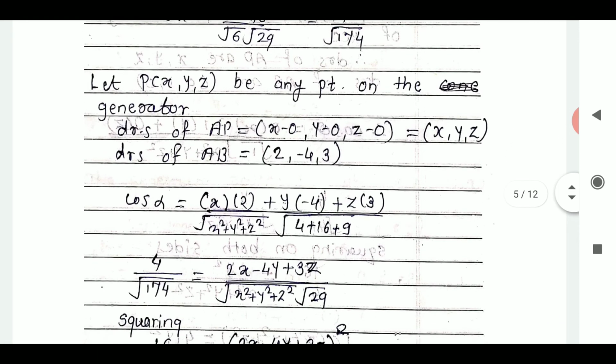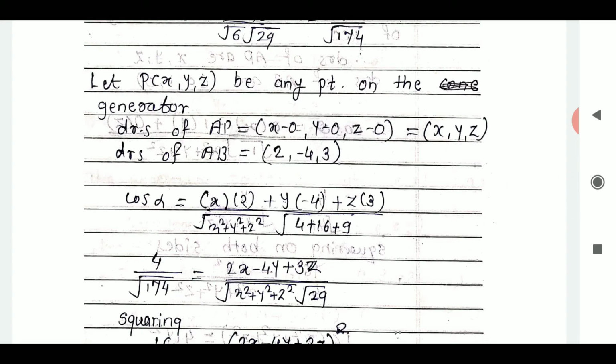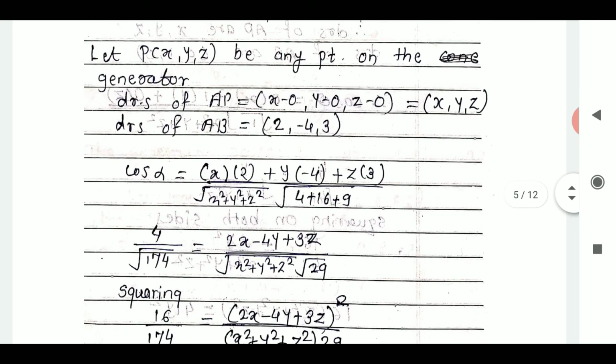Now find the equation of right circular cone. For this, take P(x, y, z) to be any point on the generator. Then find the direction ratios of AP, which are x, y, z. Here we know the direction ratios of AB are 2, -4, 3.